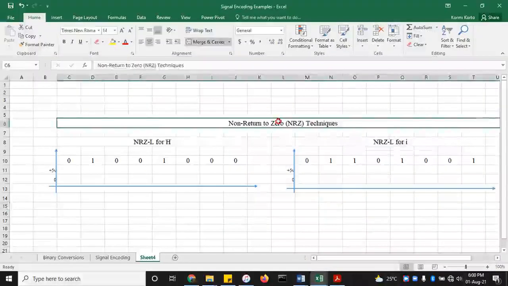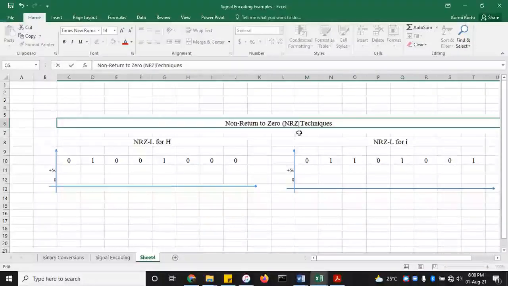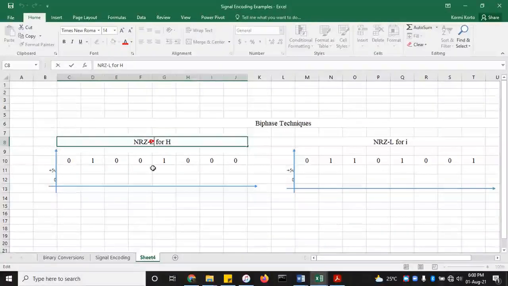Okay, so we need to change this to biphase, and the first one is actually Manchester.